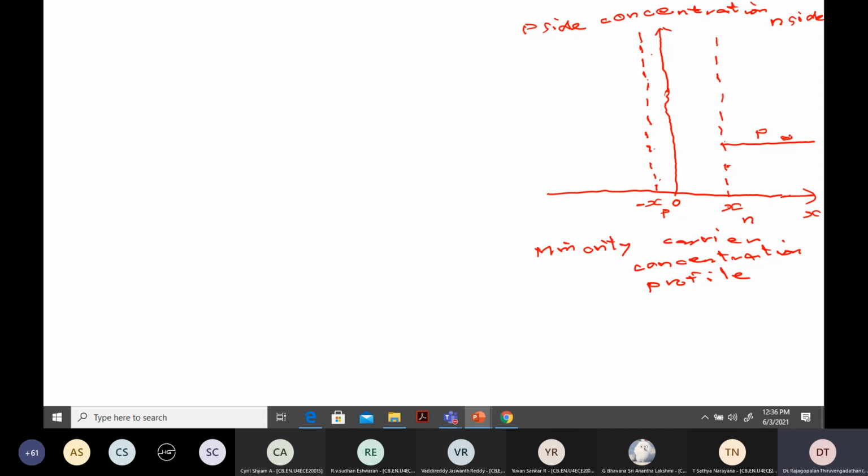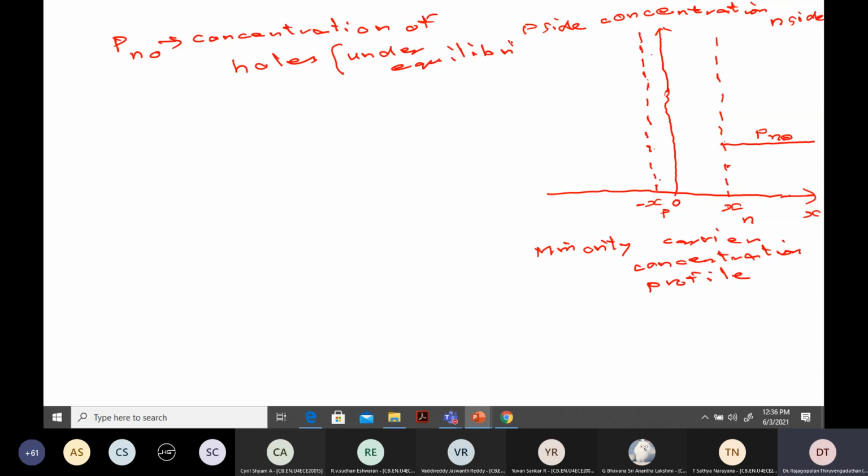This is under equilibrium. p_n0 is the concentration of holes under equilibrium. Already it is there, and we know how to estimate this.